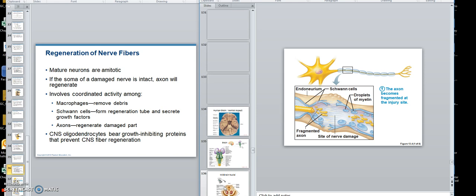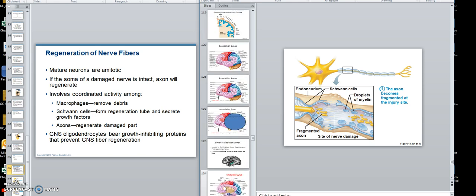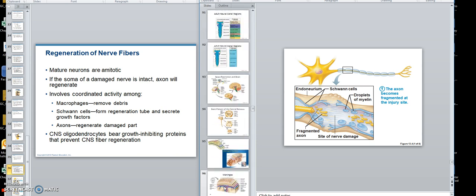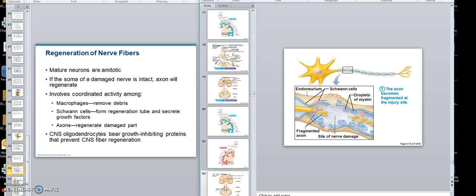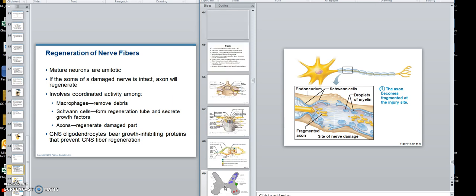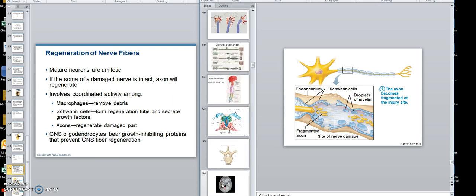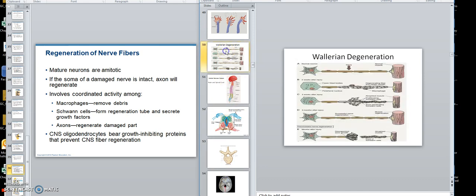Let me find that for you real quick here. Valerian Regeneration. Where did I put that? And it had to do, I was mentioning, if your finger got severed. Yeah, here we are. Valerian Regeneration.